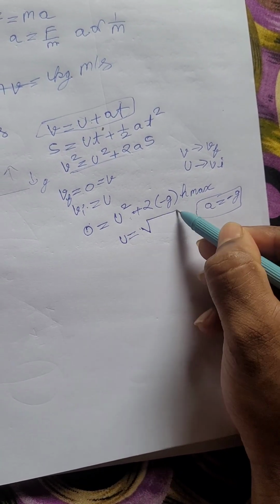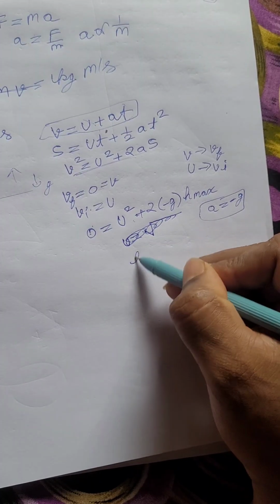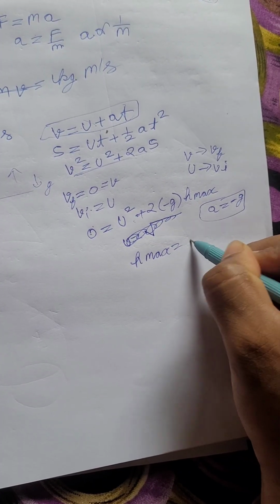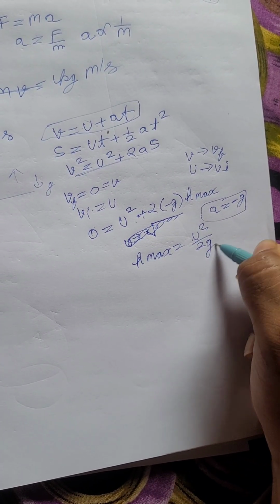We have to find the h max. H max is coming out to be u square by 2g.